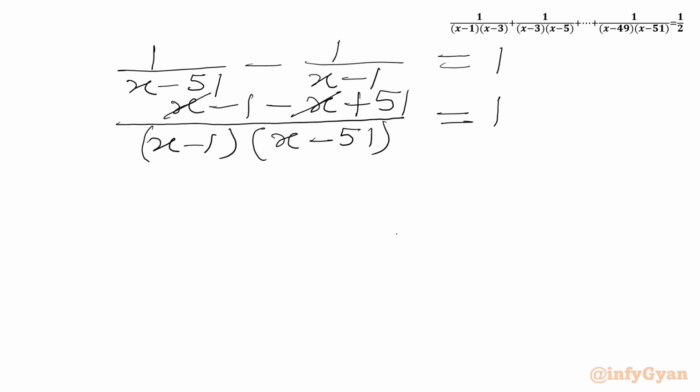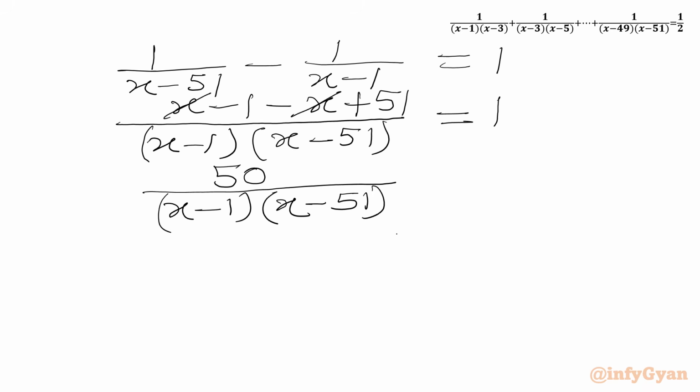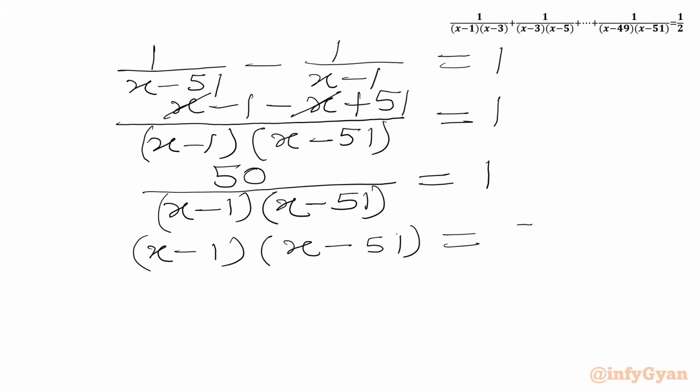So 51 minus 1 is 50. In the denominator we'll write (x minus 1)(x minus 51) equal to 1. Now we'll cross multiply and write (x minus 1)(x minus 51) equal to 1 times 50, which is 50.